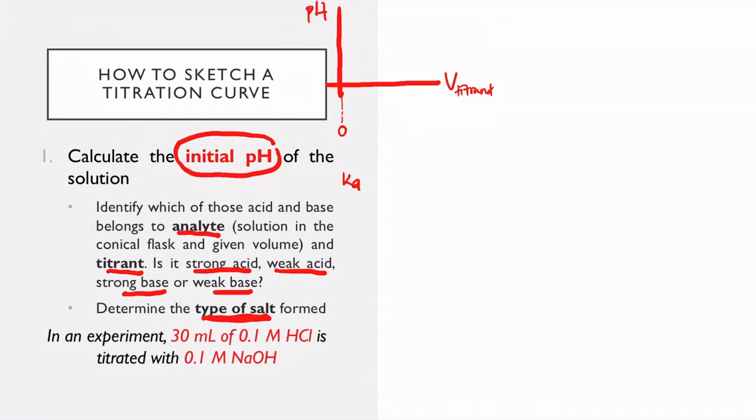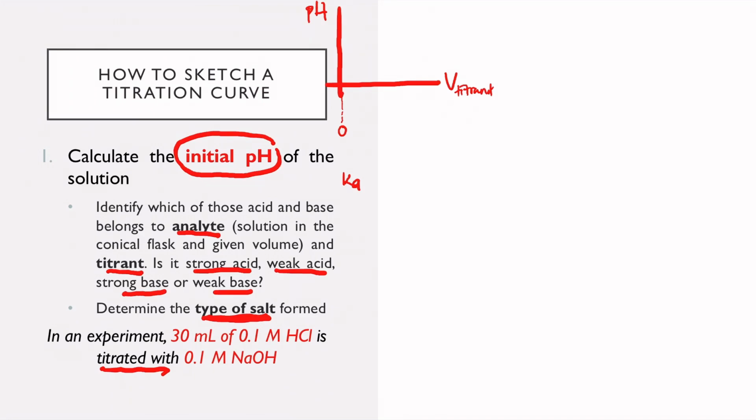So, let's see if ayat dia macam ni. In an experiment, 30 ml of 0.1 molar HCl is titrated with 0.1 molar sodium hydroxide. Kalau dia kata it is titrated with, maksudnya kalau awak translate dalam BM bunyi macam mana?